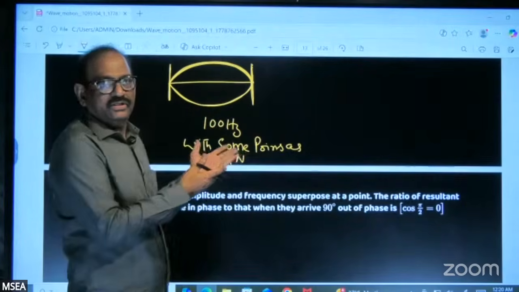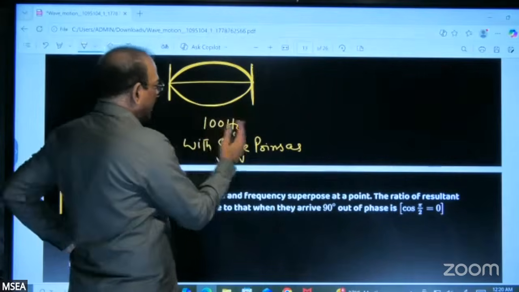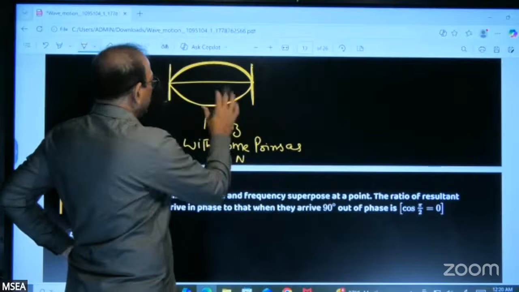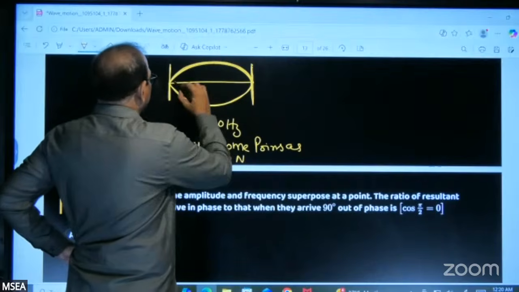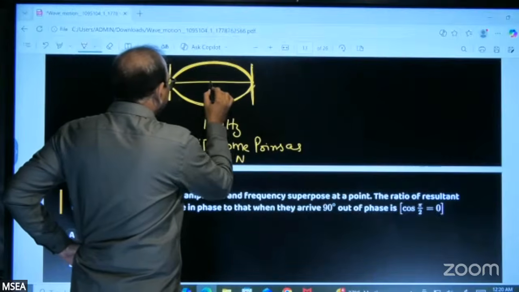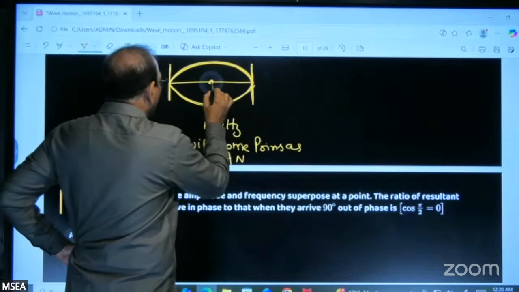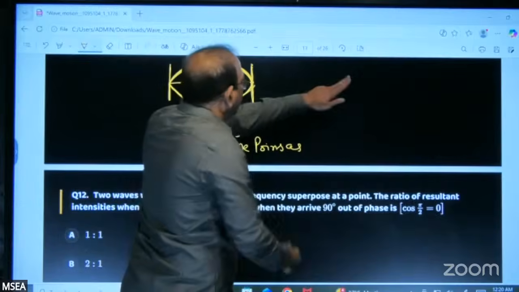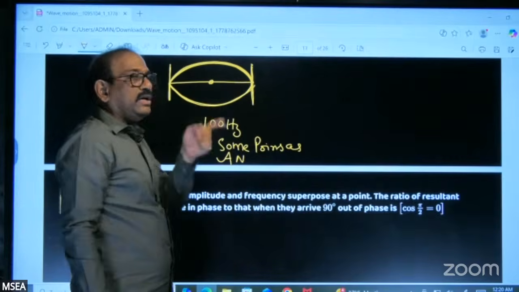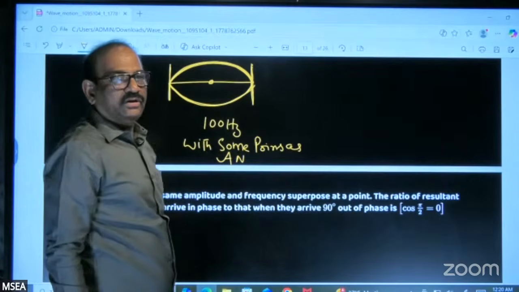He has not given it, I am assuming that. One single loop will form in the fundamental frequency. Then this middle point is an antinode. So what is the next frequency for which again this middle point is an antinode, is what is asked.